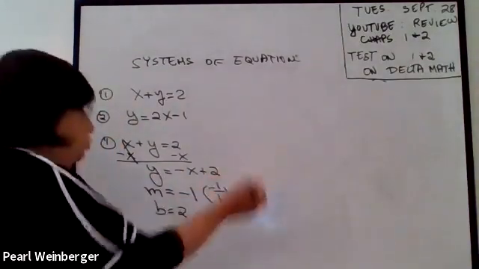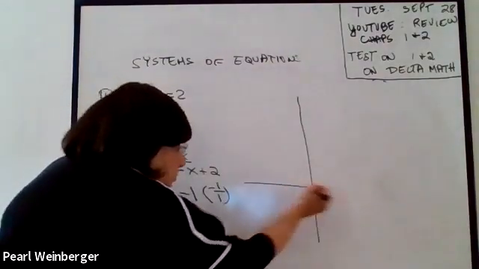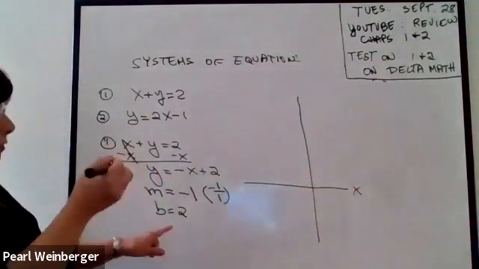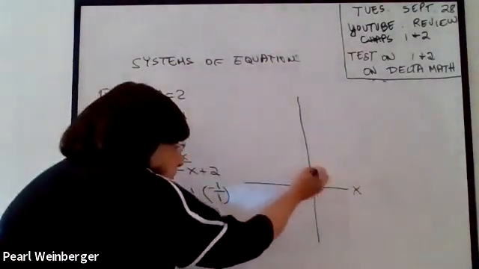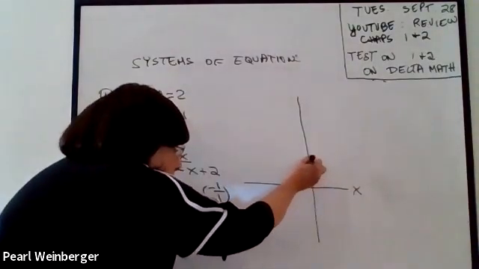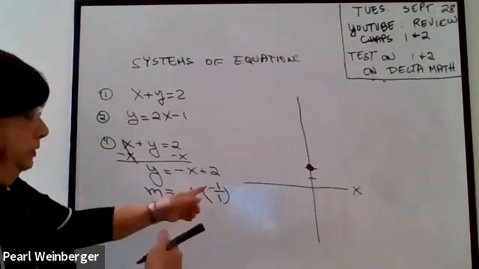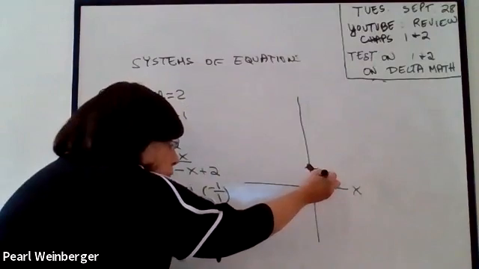And if we go to graph this line, we start at the y-intercept, which is 2. So we go up here at 2. And then we use our slope of negative 1, which means negative 1 over 1, which means you go down 1, 1 to the right.